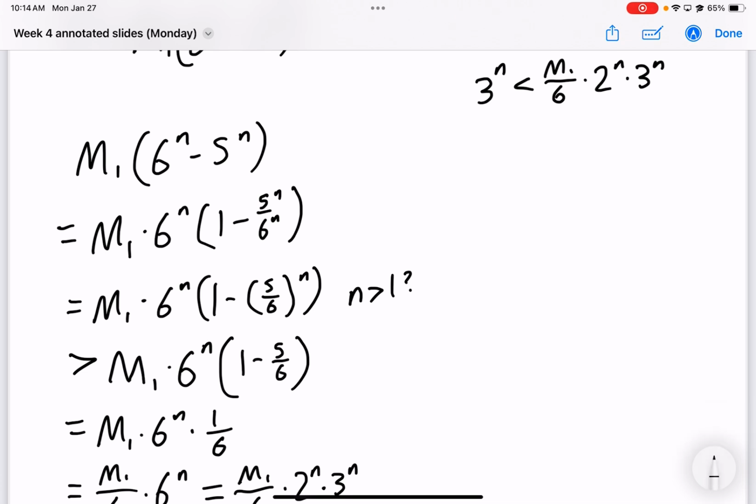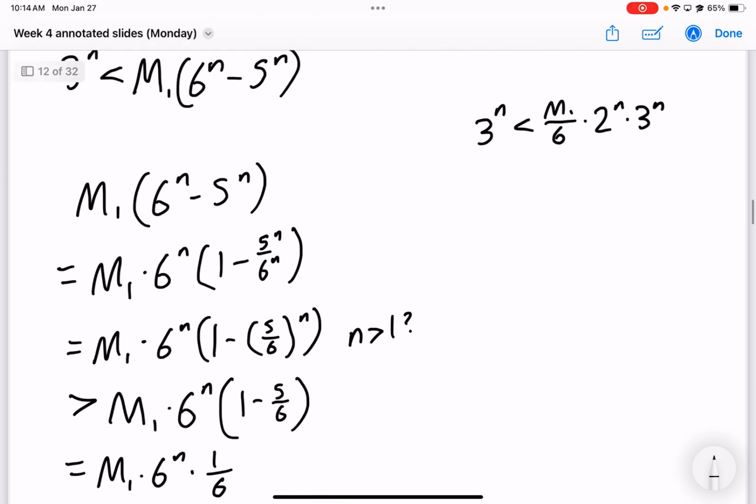What am I doing now? Oh yeah. We're going to divide both sides by 3 to the n. Bit better. We're almost able to solve for n by just taking the logarithm base 2 of both sides.